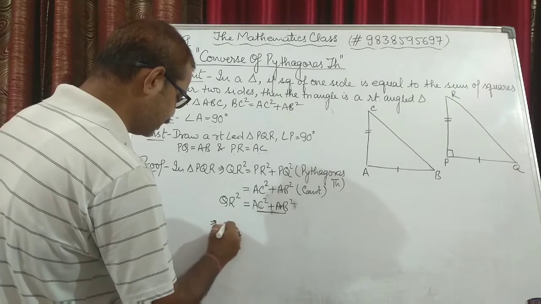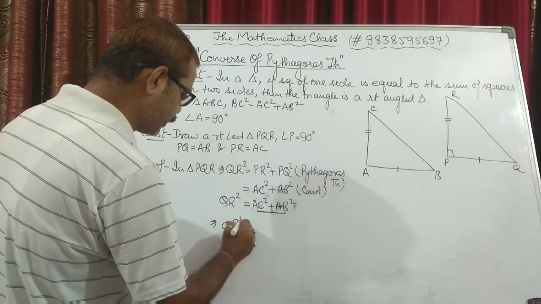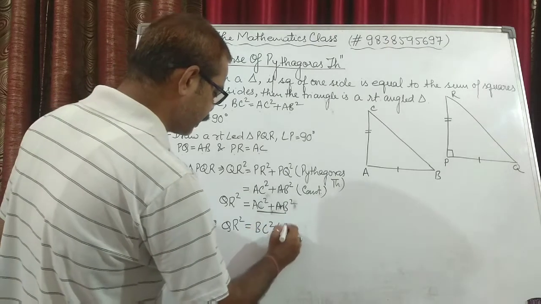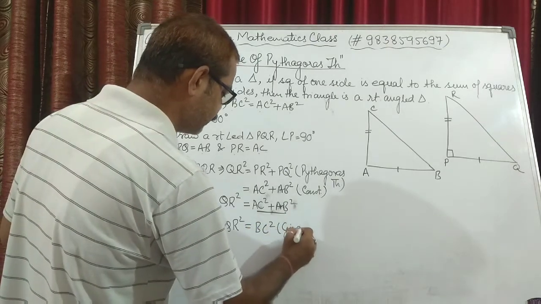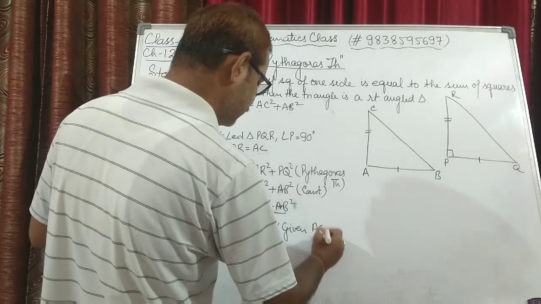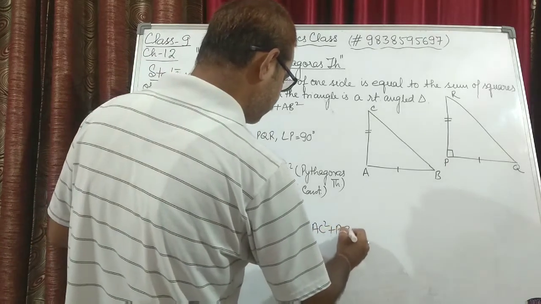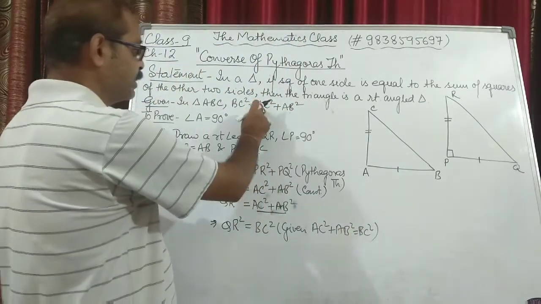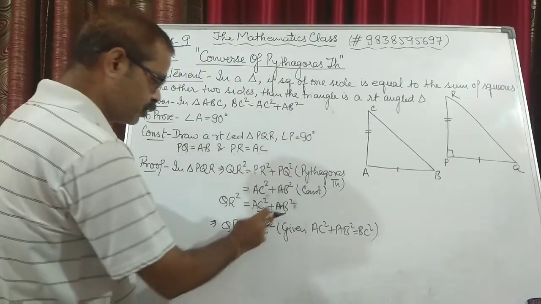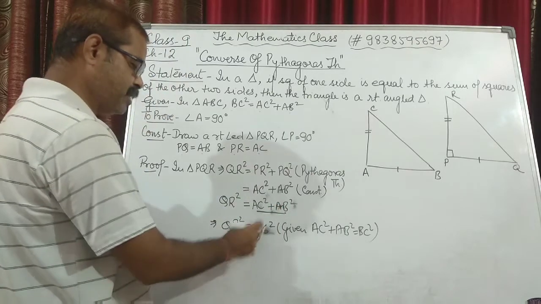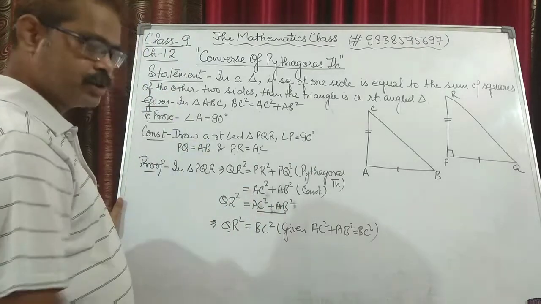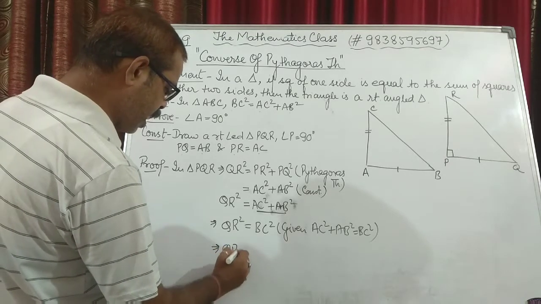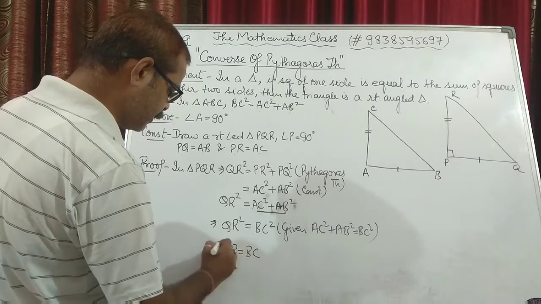It means we can say that QR square is equal to BC square, because this is given. Given what? AC square plus AB square is equal to BC square. So in place of AC square plus AB square we are writing BC square. If QR square is equal to BC square, we can say that QR is equal to BC.